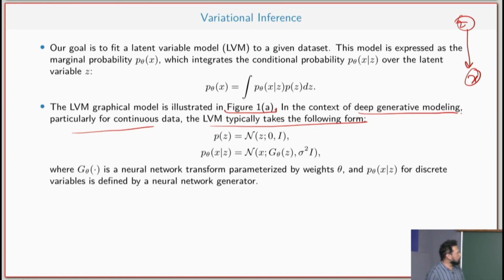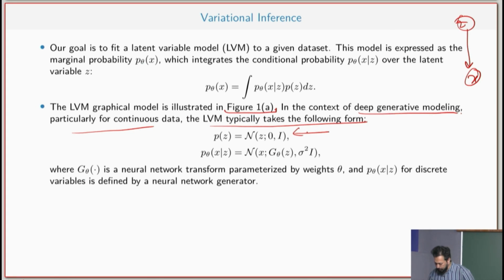If we for the moment think of continuous modeling, then obviously we know the favorite one is the normal distribution. If you recall in the GAN context also this was the case. P_Z, where we were producing the random noise, was a standard normal. It could be multivariate, so 0 could be a vector of means, and I the identity covariance.